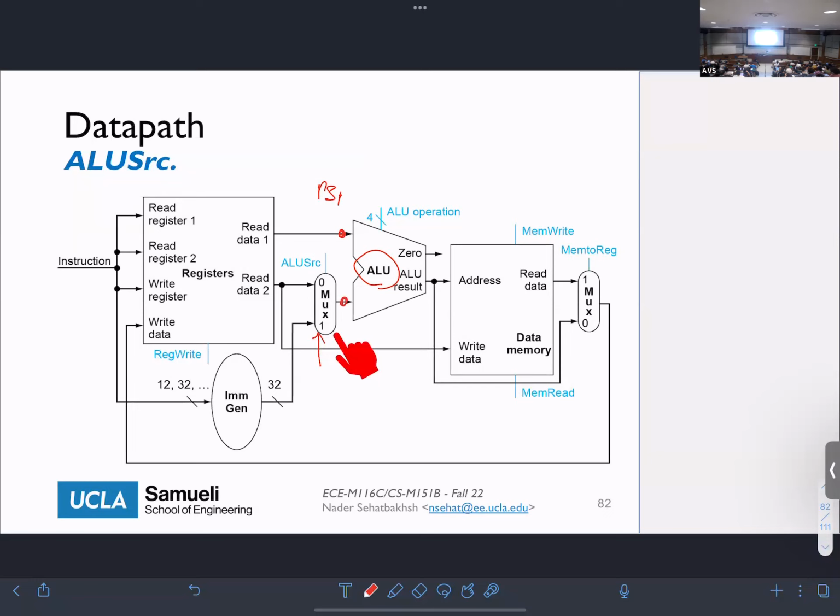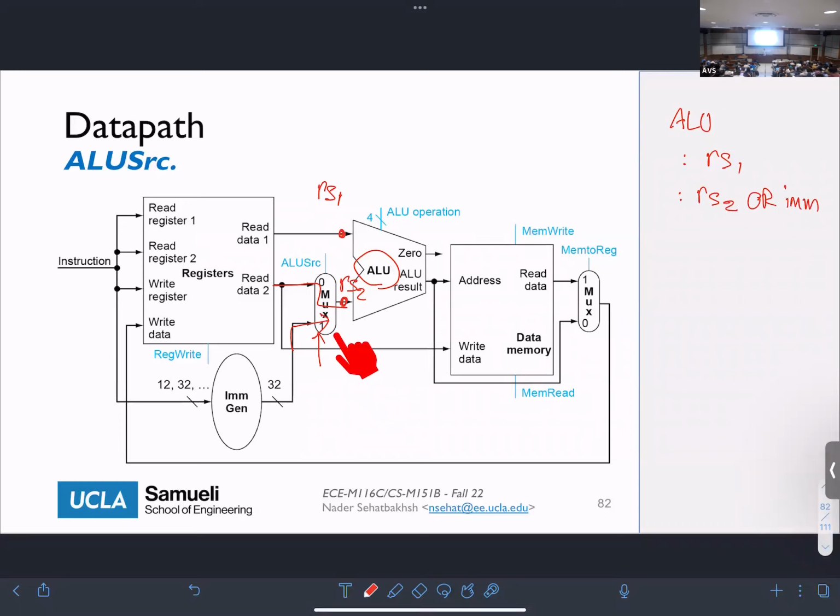The second input of the ALU is connected to this multiplexer, which says that the input to the ALU would be either RS2 or our immediate.